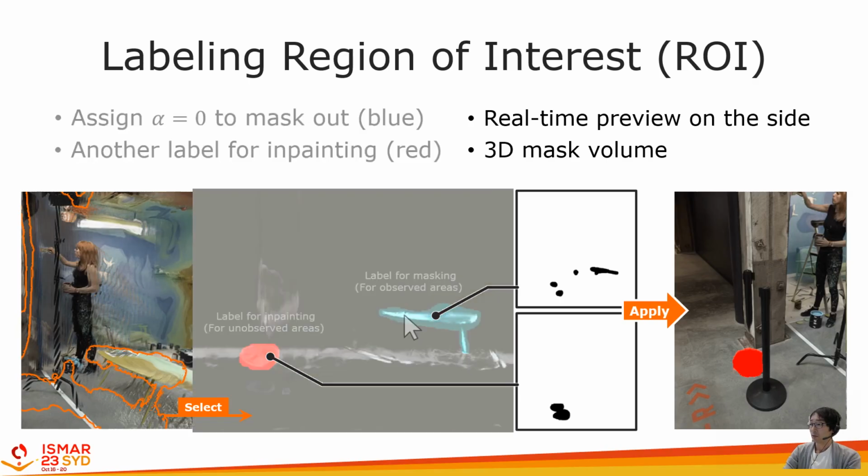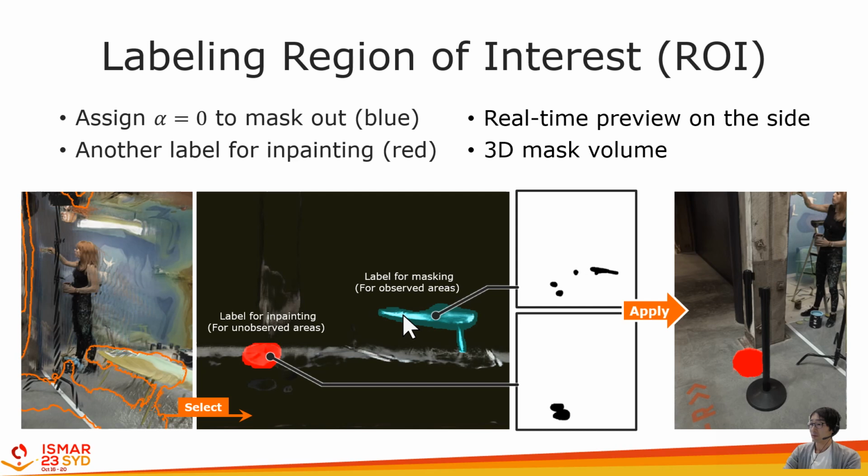We distinguish two types of labels for object removal. One for masking, by assigning alpha values to expose the existing background, or fallback pixels like black pixels as holes. And one for inpainting.